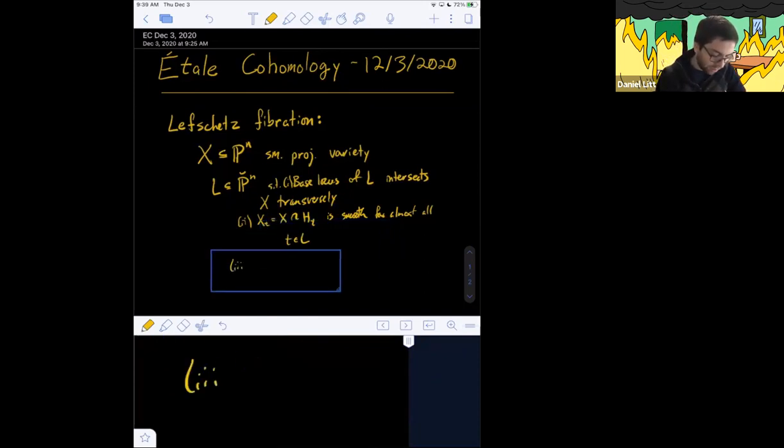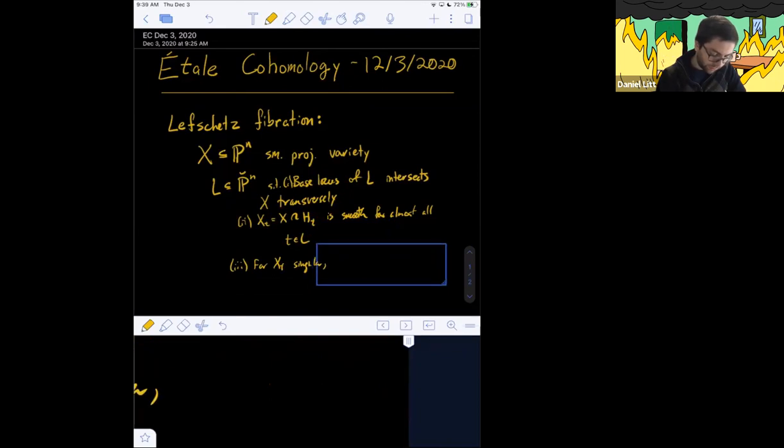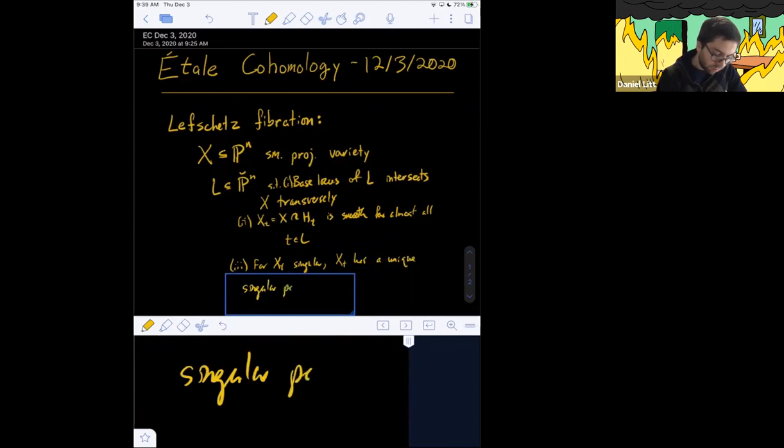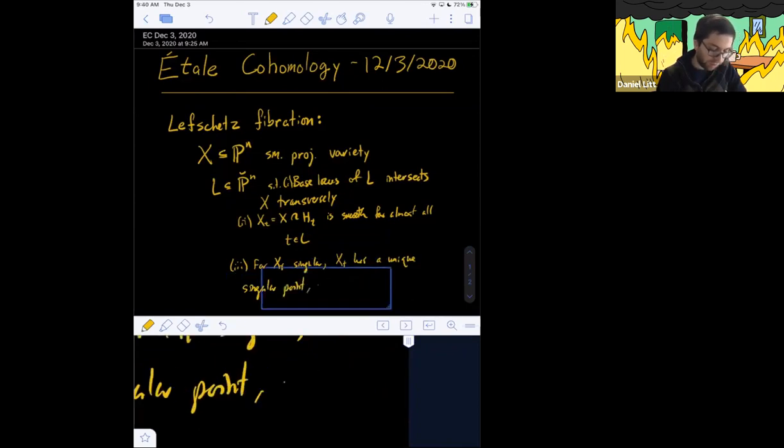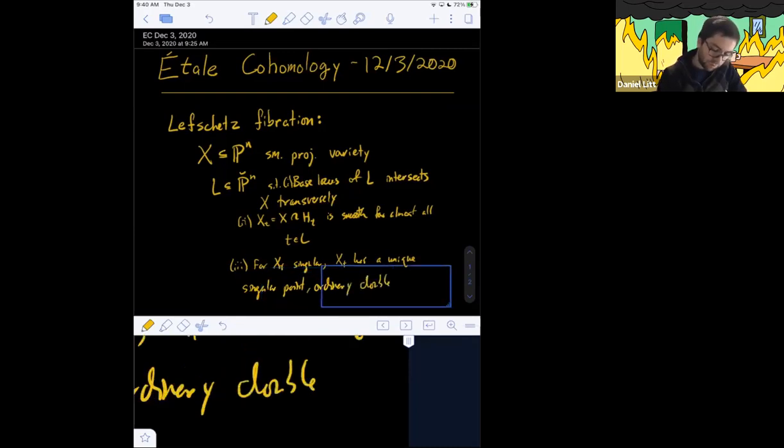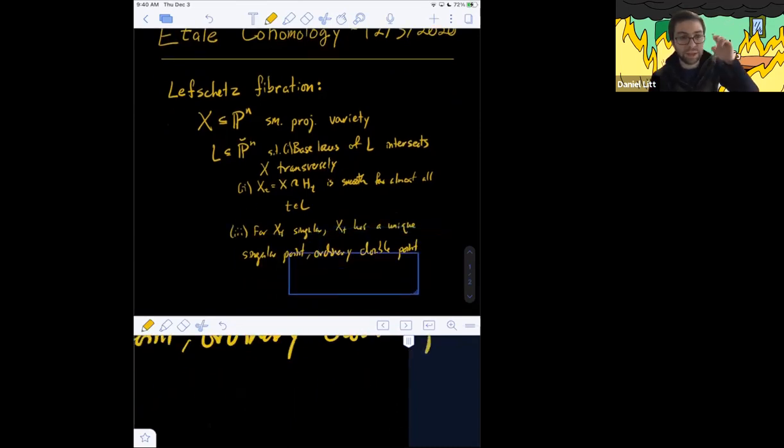And 3, for X_t singular, X_t has a unique singular point, and it's an ordinary double point. That means it analytically locally looks, analytically meaning the complete local ring, like the cone point of a cone over a non-degenerate quadric.